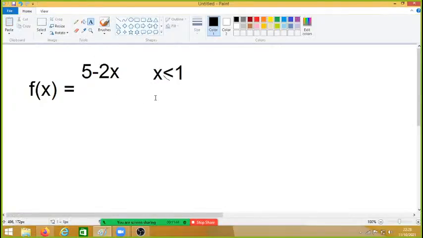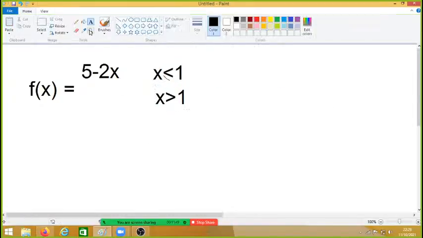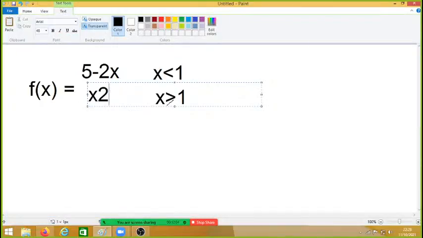I think I've got the equal on the wrong one, so x is less than 1, we're going to do 5 take away 2x. And for numbers that are bigger than or equal to 1, we're going to do a different function. And the function here is going to be x squared plus 3.